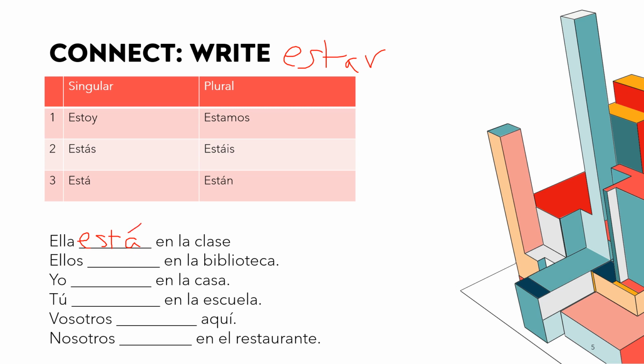If I look at ellos, I know ellos is third person plural, so I go to the plural side, the right-hand side of my box. 1, 2, 3. I see están, and I can connect those two. Están en la biblioteca. Yo is first person singular, so I go to my singular side in the first box, and I have estoy.